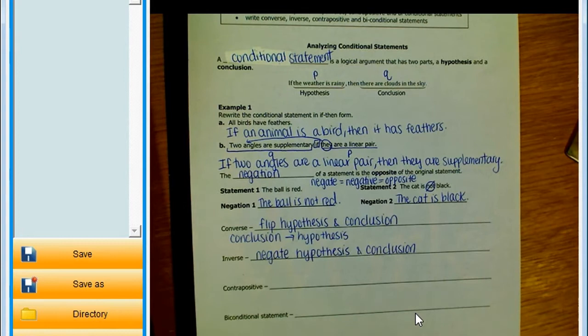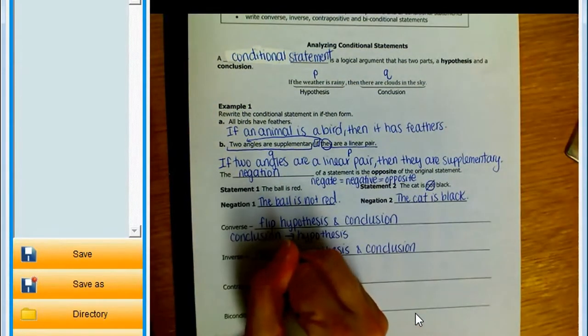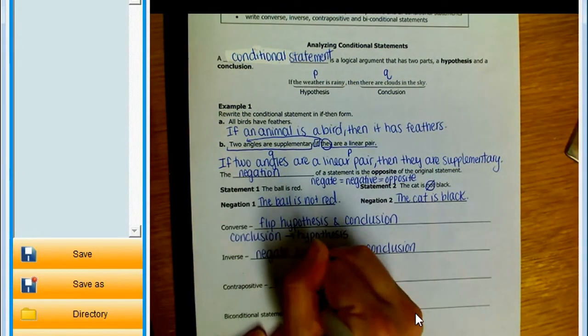For the contrapositive, we are going to flip the order and negate.